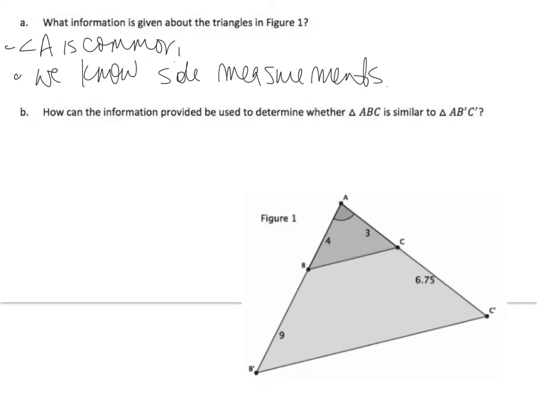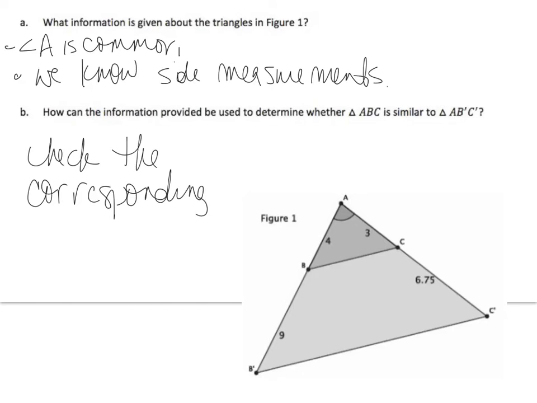How can the information provided be used to determine whether triangle ABC is similar to triangle A B prime C prime? We know that similar triangles are going to have the ratios of corresponding sides that are proportional, so we can check the corresponding sides for a common ratio.